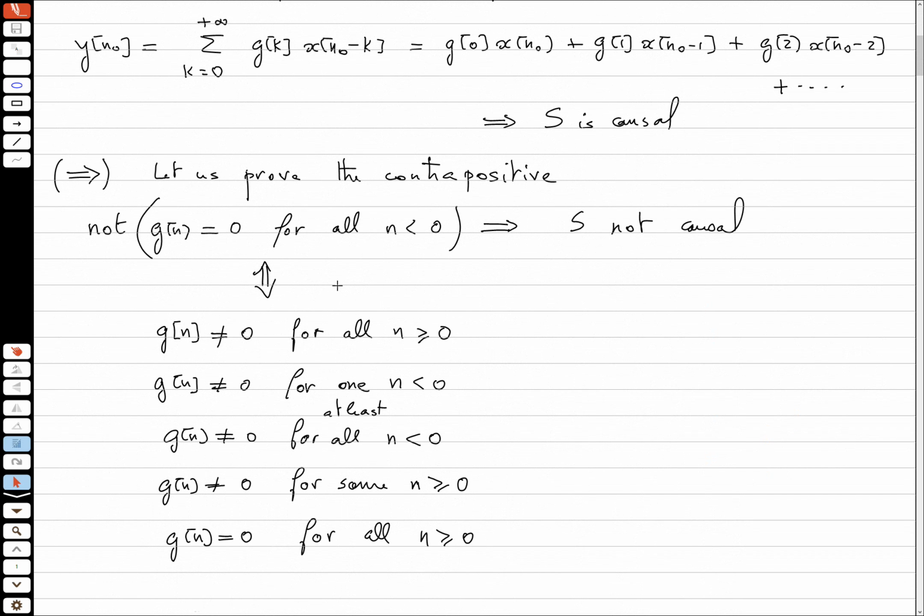All right? So which one is equivalent to not this? How many of you vote for the first one? The first one had the majority last time. And now only one person. Okay, who votes for the second one?